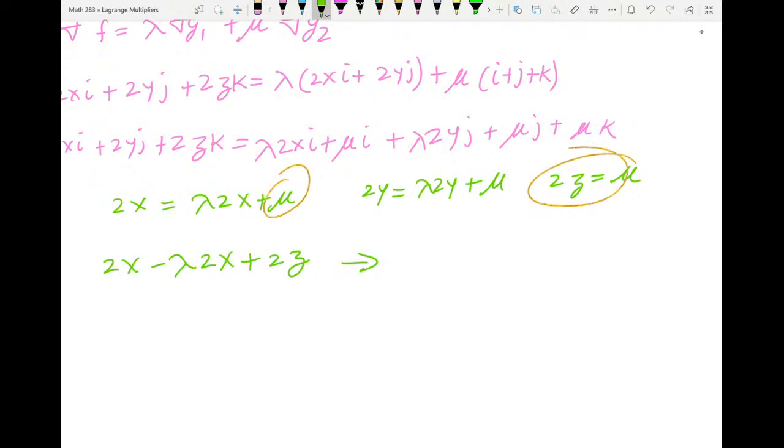From that, I could factor out 2x times 1 minus lambda equals 2z, and I could cancel out this.